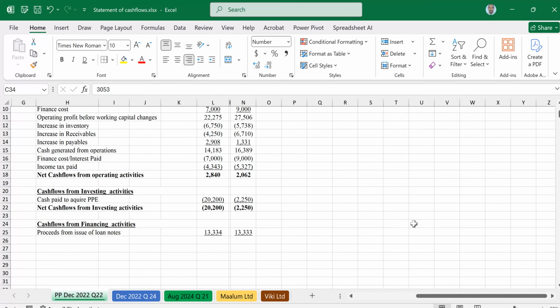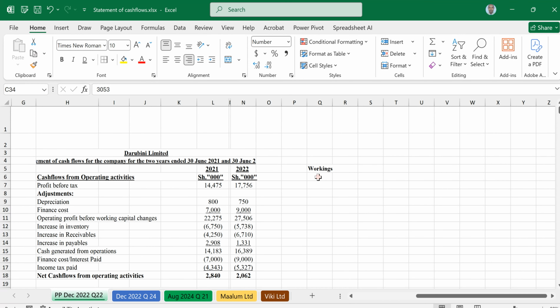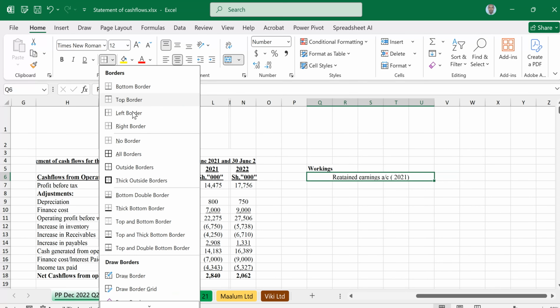So there is one working that we want to do for retained earnings. Retained earnings account for 2021. Not a complicated one.